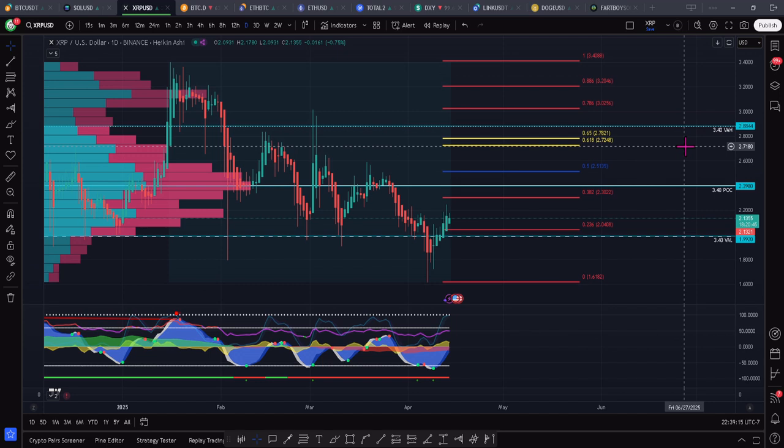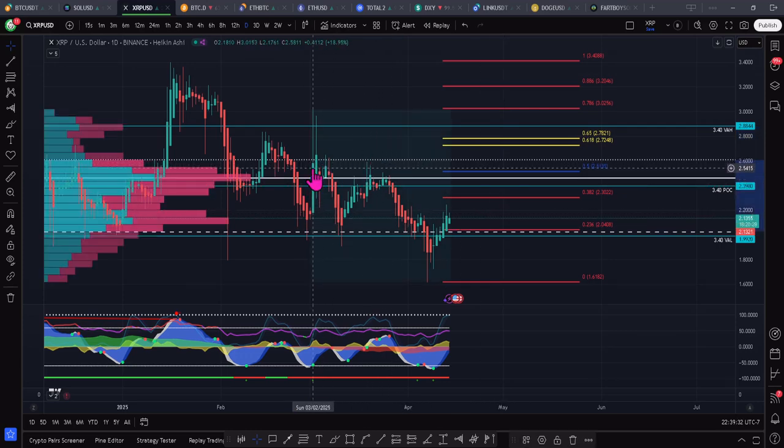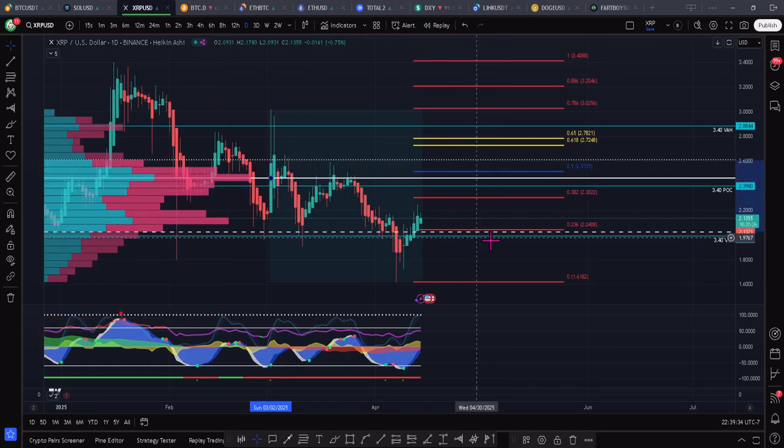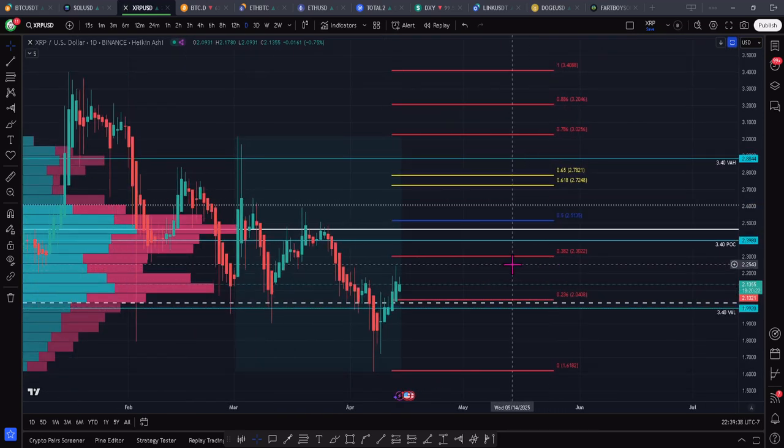Ultimately, we want to get to that 618. But then we have a price above that, where the value area high is at around 288. So we're going to go into the next level very quickly, which happens to be $3.01. So we're going to zoom out and call it the $3.01 range.